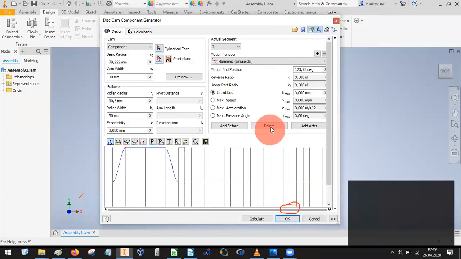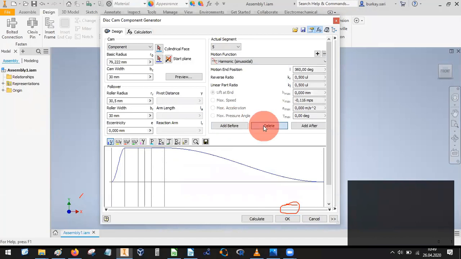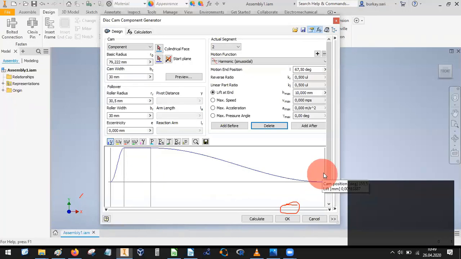I have deleted all the segments. I have 3 segments, and I will divide these segments by using the add before or add after command.